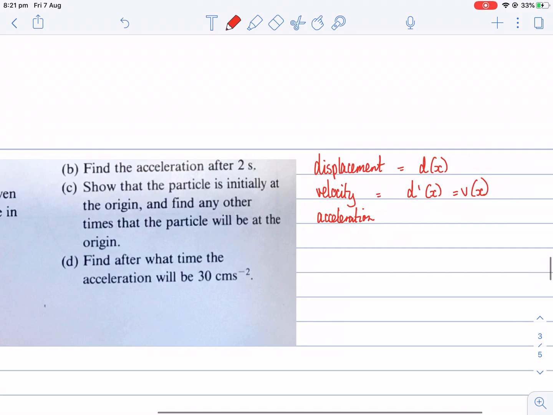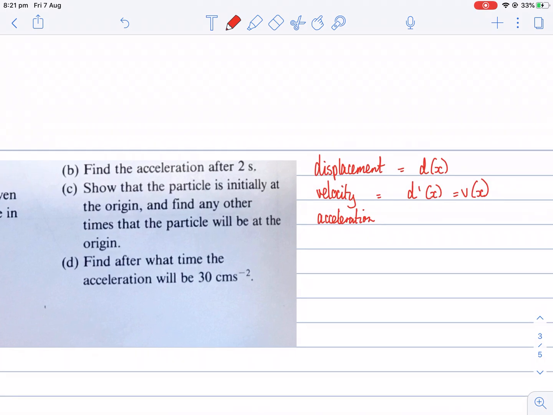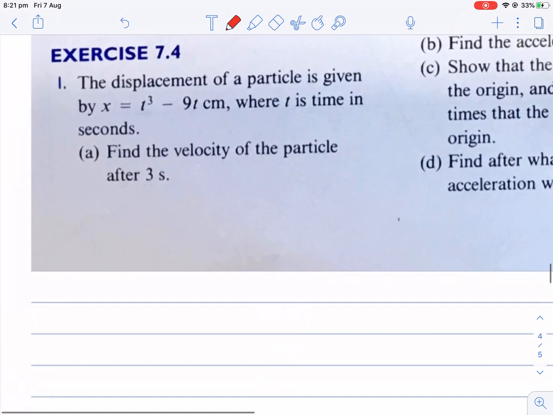The derivative of the displacement is the velocity, the derivative of the velocity is the acceleration. Normally we do displacement with s's, but it honestly doesn't matter.